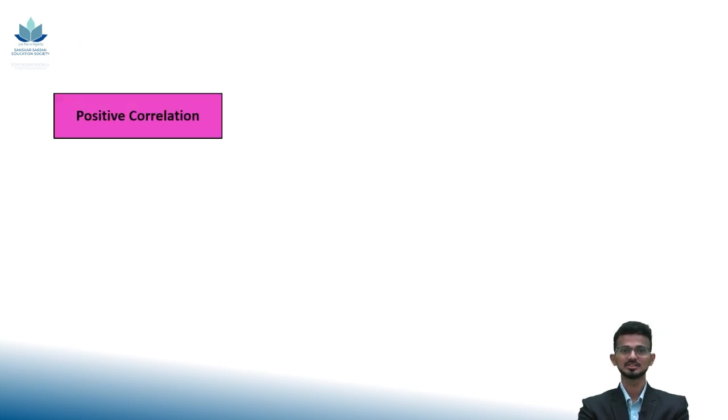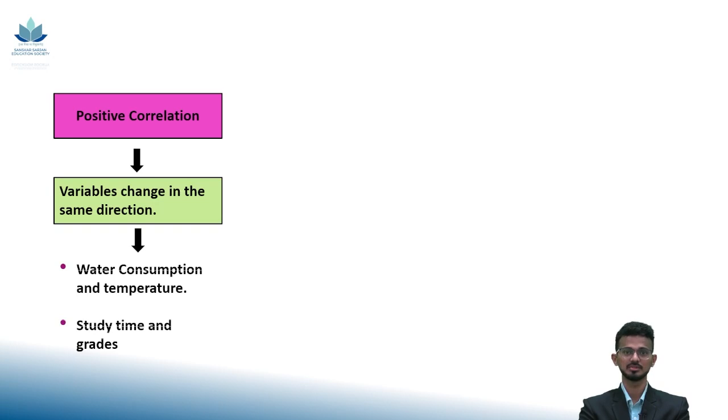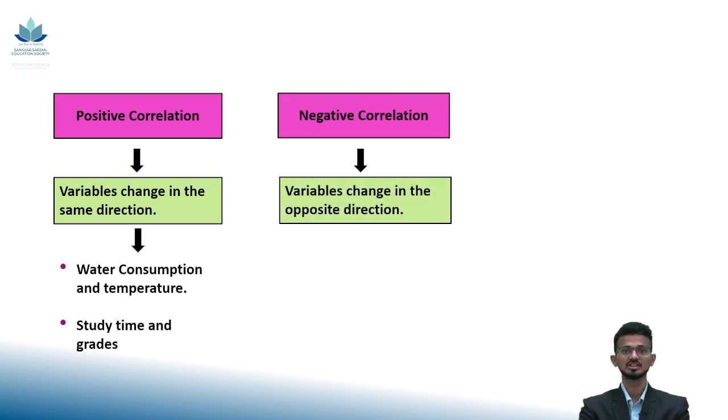If we summarize, the first is positive correlation. In positive correlation, variables change in the same direction, for example, water consumption and temperature, also study time and grades. Second is negative correlation, in which variables change in the opposite direction, for example, TV time and grades, also price and demand.